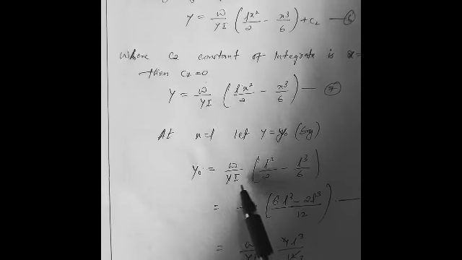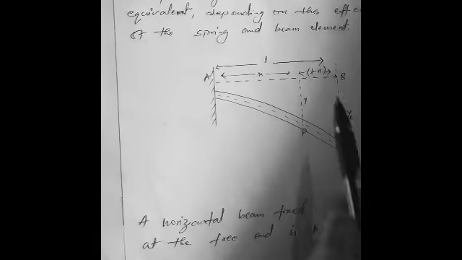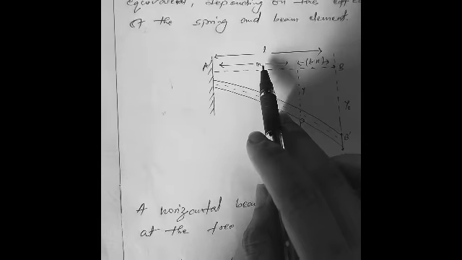At last, at x equal to L, let y be equal to y naught. Y naught is equal to W by YI into L cube by 2 minus L cube by 6. Now we replace x equal to L and y equal to y naught.